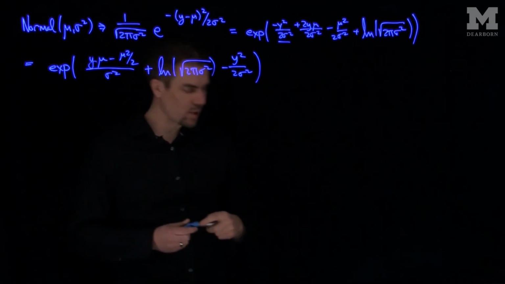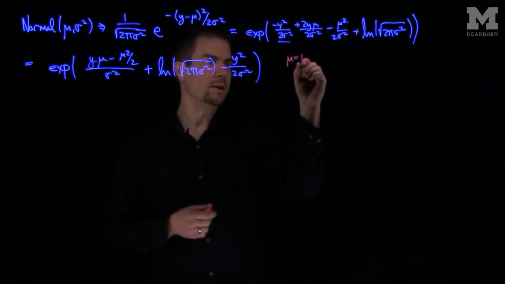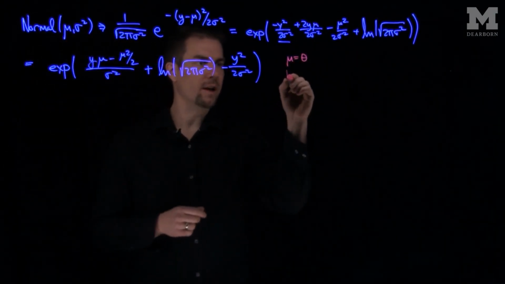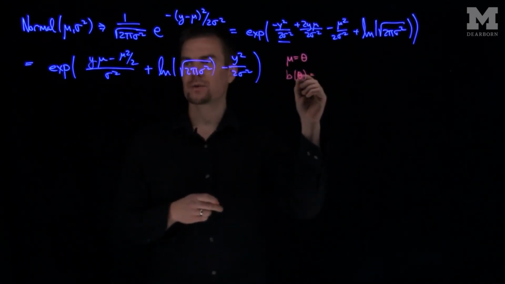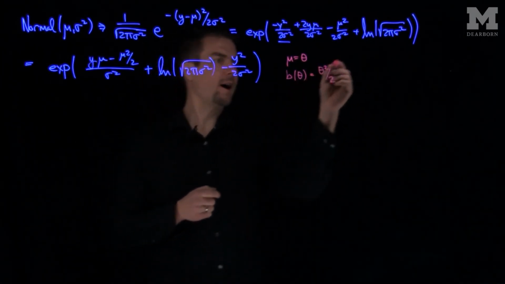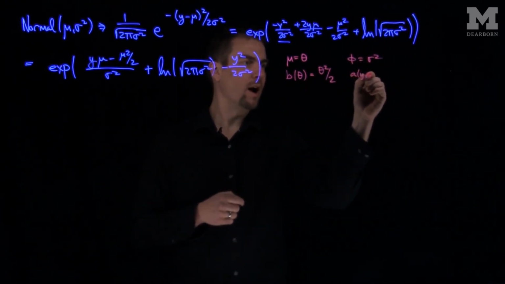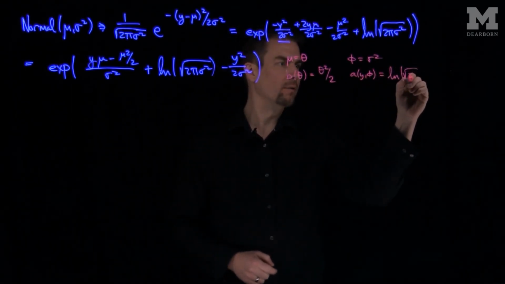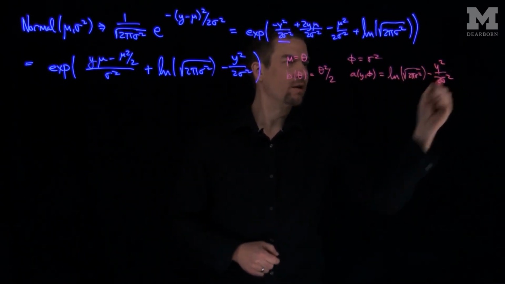And so what we can see now is that if we make a conversion where mu is equal to theta, and then we'll write b of theta as, well, if my mu is theta, this is going to be a negative theta squared over 2, so b of theta is theta squared over 2. And if I let my phi be equal to sigma squared, and my a of y phi to be equal to the natural log of the square root of 2 pi sigma squared minus y squared over 2 sigma squared.